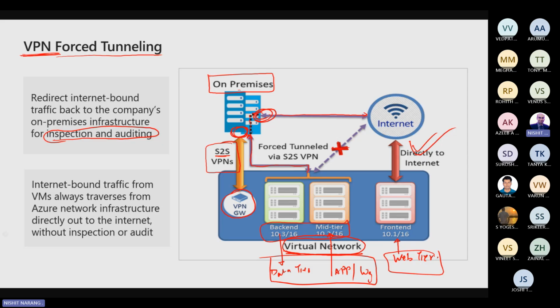The web proxy does this inspection and auditing. I can reuse that web proxy for the virtual network also. Force this traffic to first reach the on-prem, then go via the web proxy and then the internet. No direct internet access. Right? For all these back-end and mid-tier servers. Of course, the front-end tier might be part of the public subnet and might be directly connected to the internet.